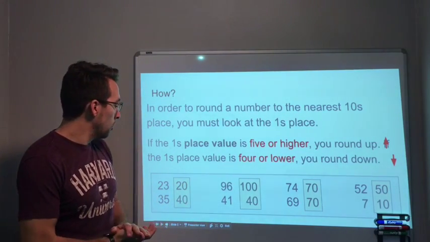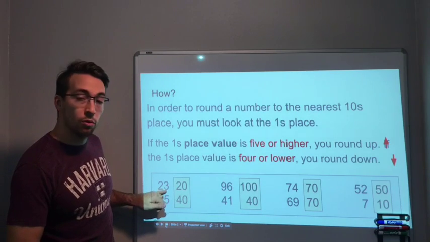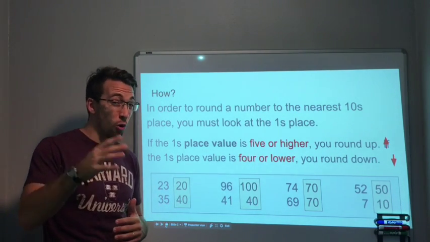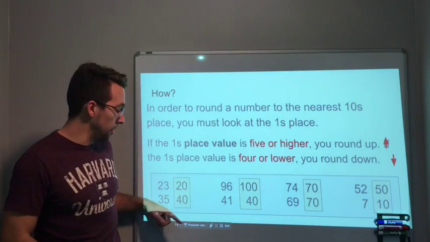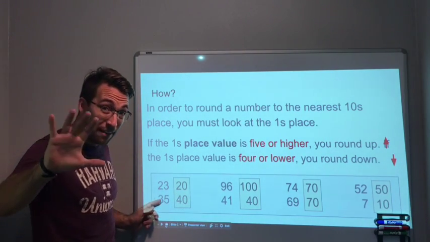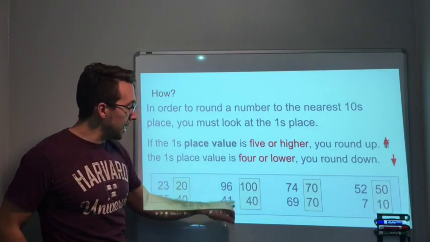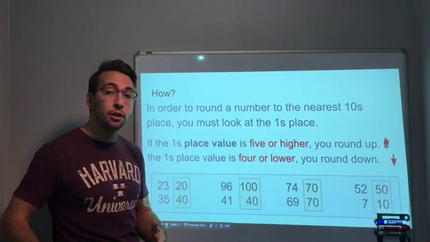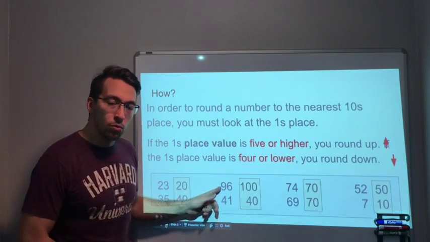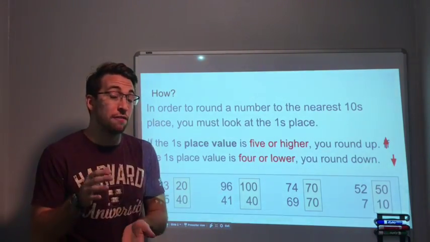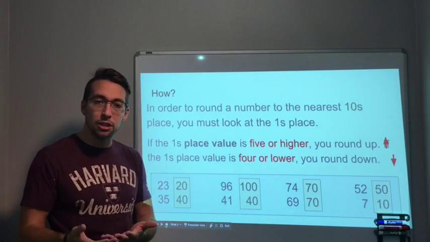Looking at 23, the ones digit is 3, which is 4 or lower, so we're going to round down to 20. 35, the ones digit is 5, round up to 40. 96 goes to 100. Notice here, we're rounding to the tens place, but 9 is the largest value you can put in a single digit.